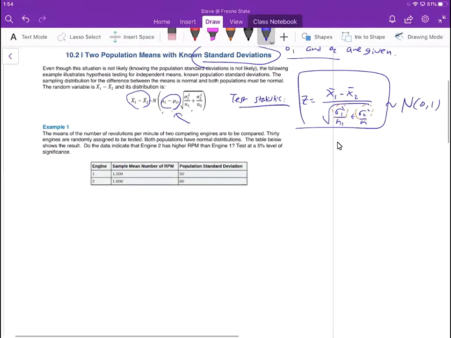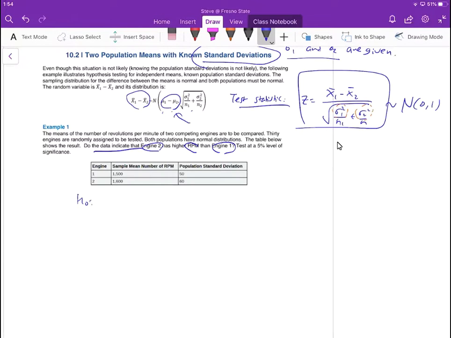Okay, well, let's look at two examples. So we're looking at the mean number of RPMs in two engines, and the question is, do the data indicate engine 2 has higher RPM than engine 1? Okay, so this is 1 and 2.